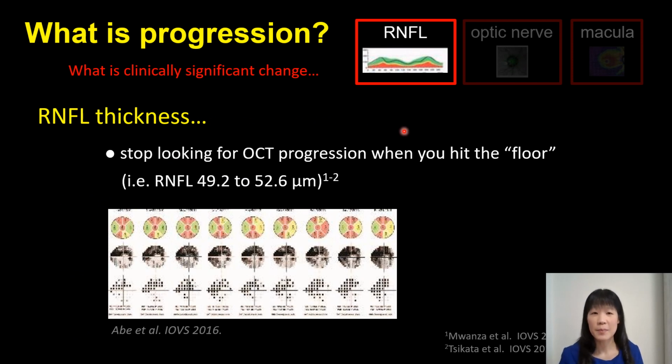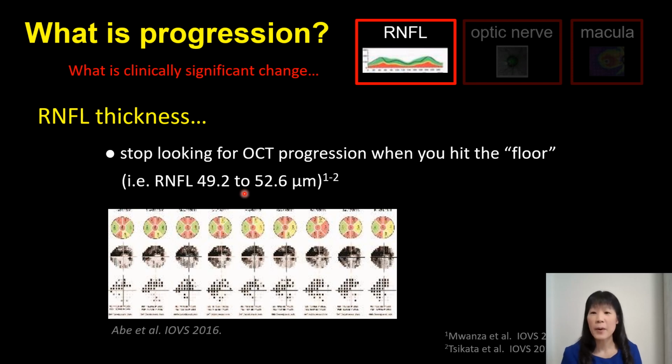Here's another example where RNFL thickness is not that useful. Structural testing, which is what OCT is, is not as useful when you've hit the floor. The bottom line is we all have about 50 microns, plus or minus, of non-neuronal tissue in the nerve fiber layer. So this is glial cells or blood vessels.